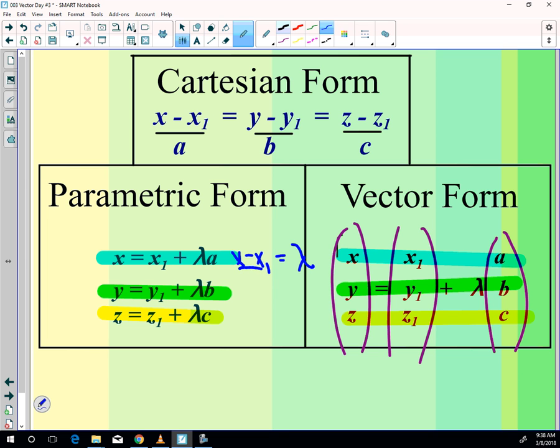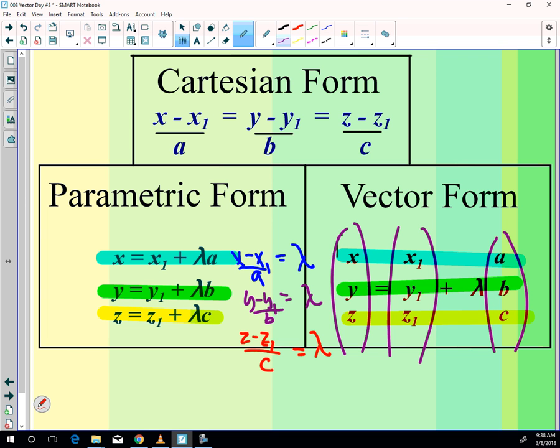And if we divide by a, you're going to get lambda equal to x minus x1 over a. We can do the same thing. Y minus y1 is equal to lambda times b and divide by b. Then we could take z minus z1 and set that equal to lambda times c and divide by c.